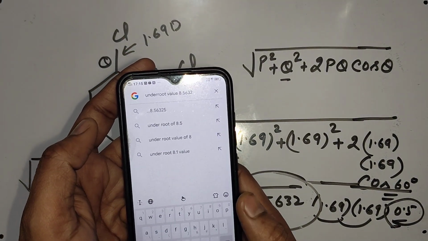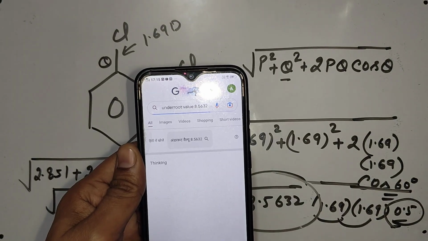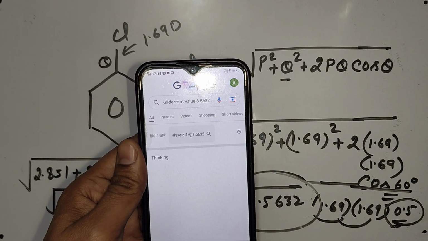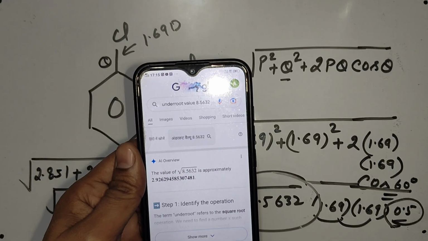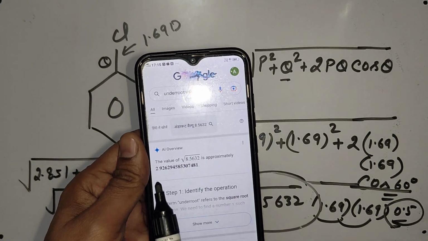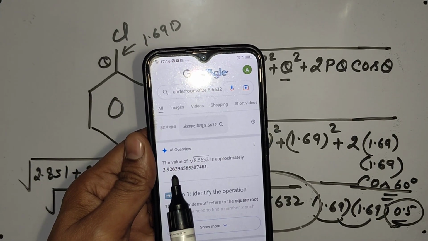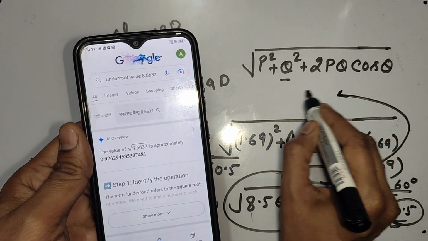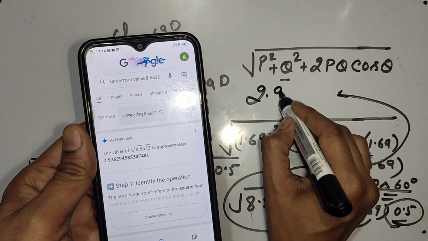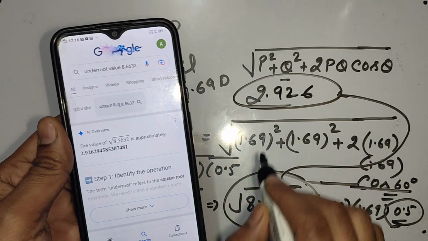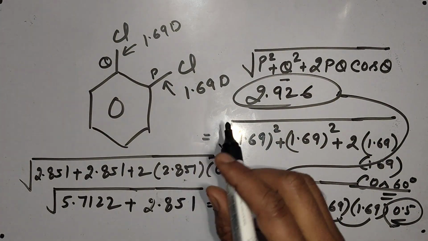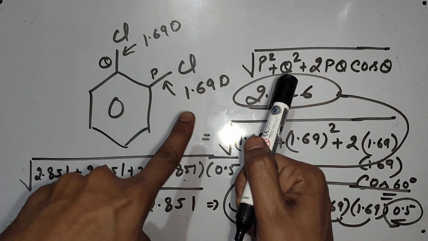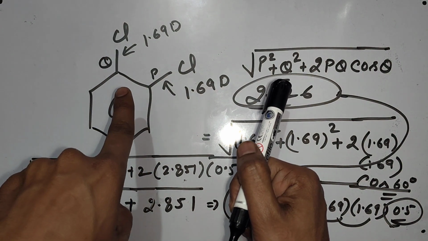The value that we are getting is around 2.926. So the approximate value we are writing is 2.926. This is the dipole moment value of the ortho dichlorobenzene case.